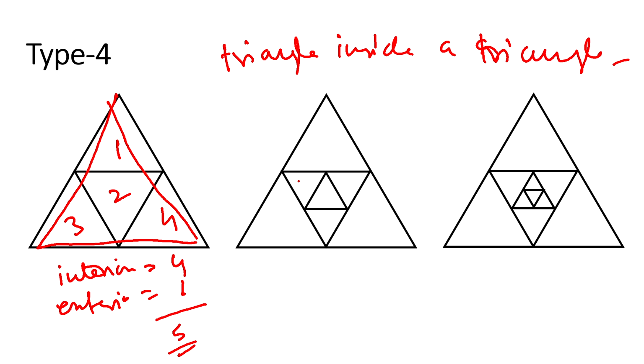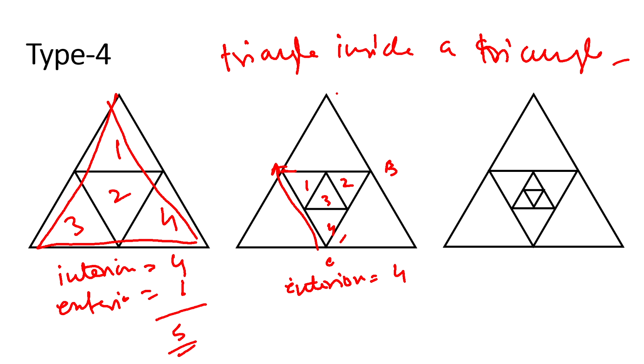In the second figure, if you take the inside triangle A, B and C, there are 1, 2, 3 and 4. So interior there are 4 triangles and we are not counting this thing now.